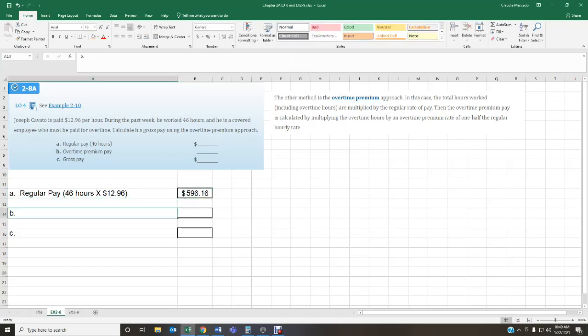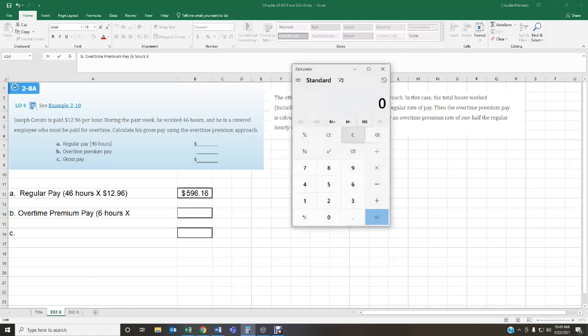Now I'm going to get my overtime premium pay. How many hours do we have over 40? Well, we have 6 hours over 40. And then I'm going to multiply that. It says here the overtime premium pay is calculated by multiplying the overtime hours, which is 6, by an overtime premium rate of 1/2 the regular hourly rate.